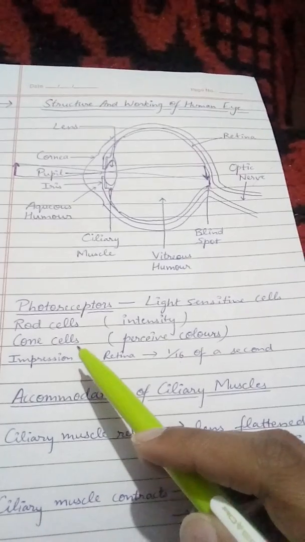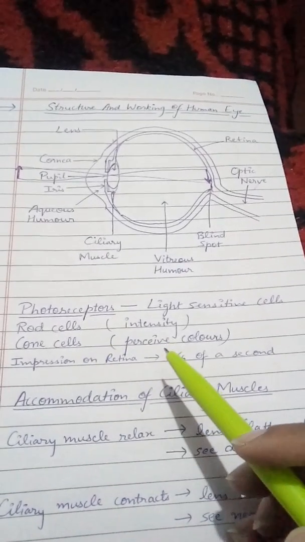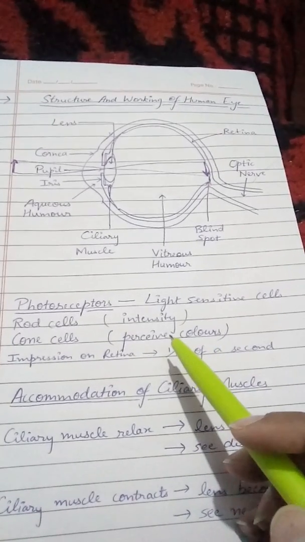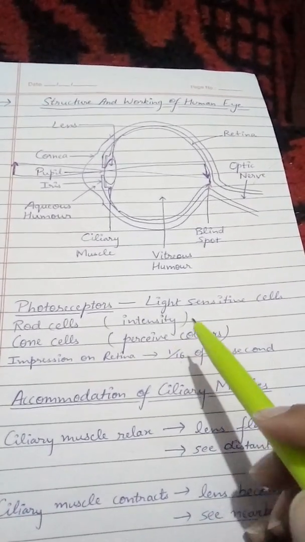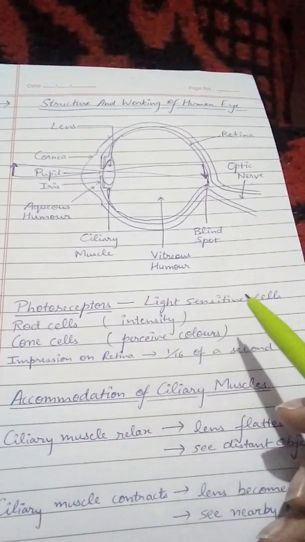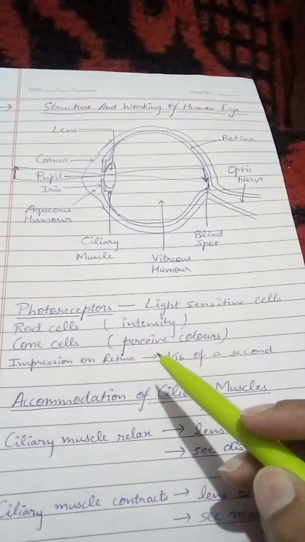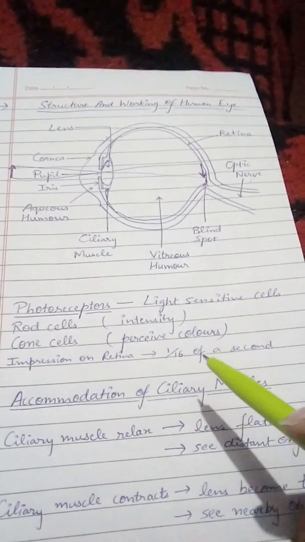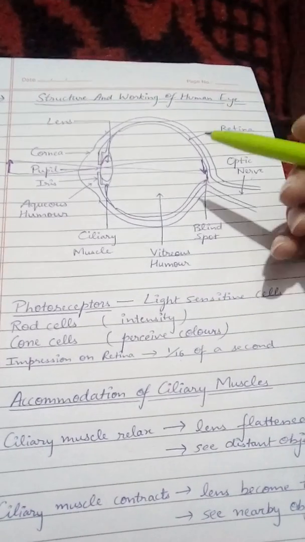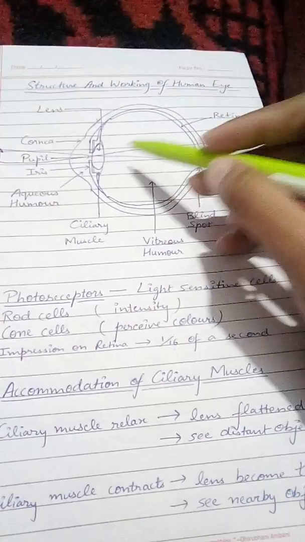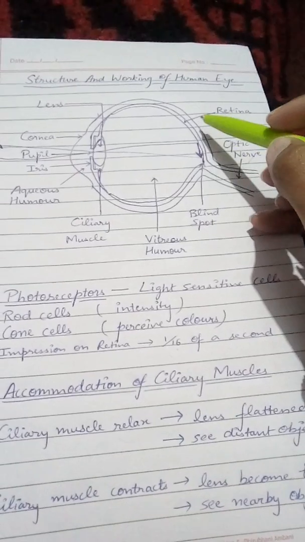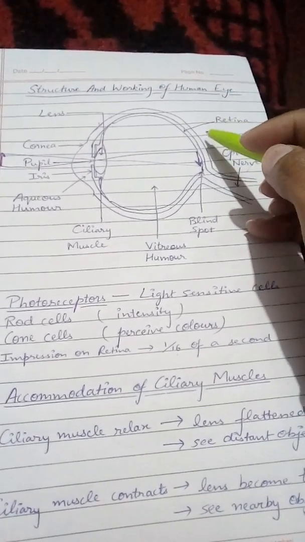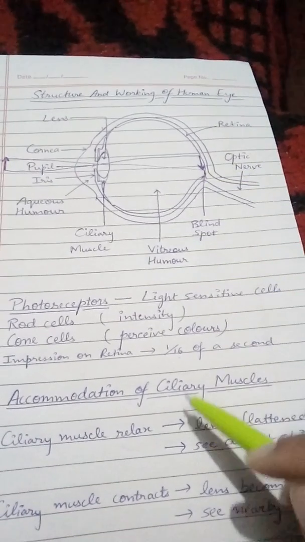And the cone cells help us in perceiving different colors. They help us in differentiating that this object is of this color and that object is of that color. And do you know the amazing fact that when an image is formed on the retina, it persists there for 1/16th of a second?